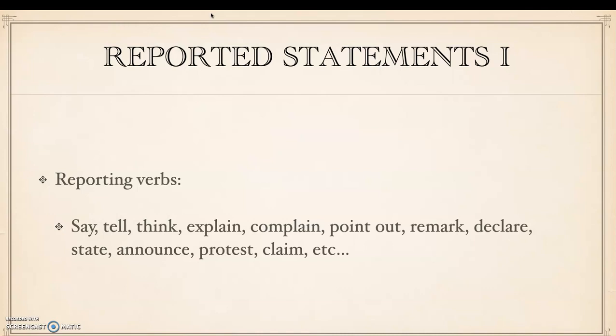These two are the most typical ones, but we have others: think, explain, complain, point out, remark, declare, state, announce, protest, claim, etc. Any verb that means to say.